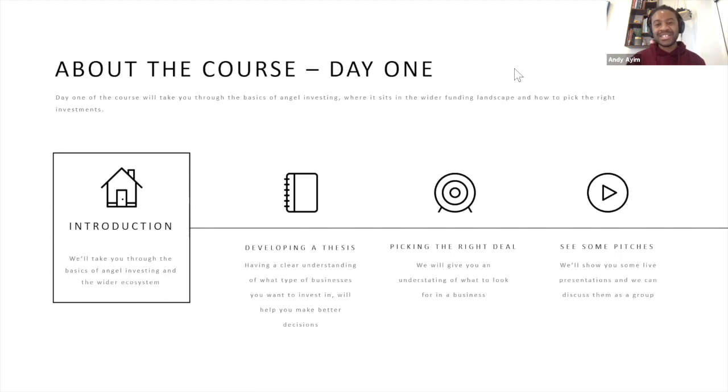The key to this section is we're going to talk through how to create a clear and concise thesis that's personal to you, and then how to use that to help influence, guide and filter you when deciding on the right deal to pick, which is the next section following that.